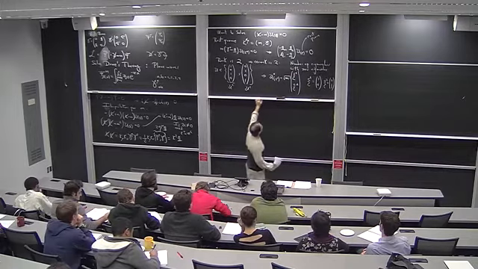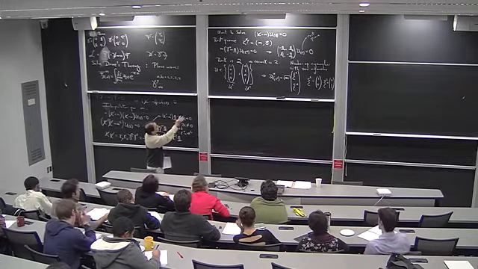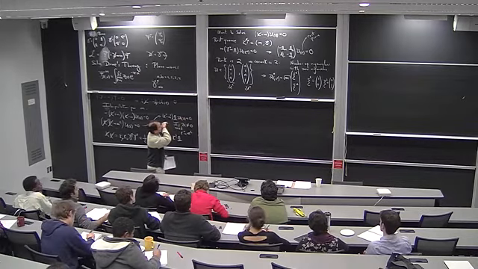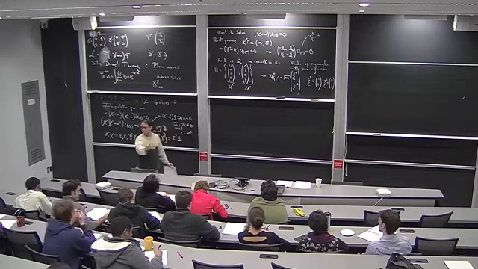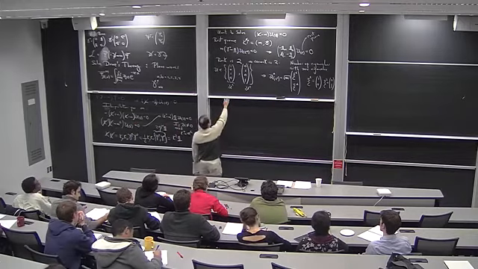Very good. So this is usually the trick that you do whenever you want to solve equations of this form. You go to the rest frame, you find the solution, and then you boost.